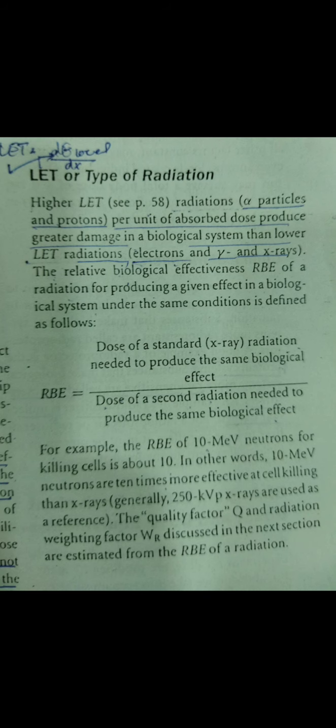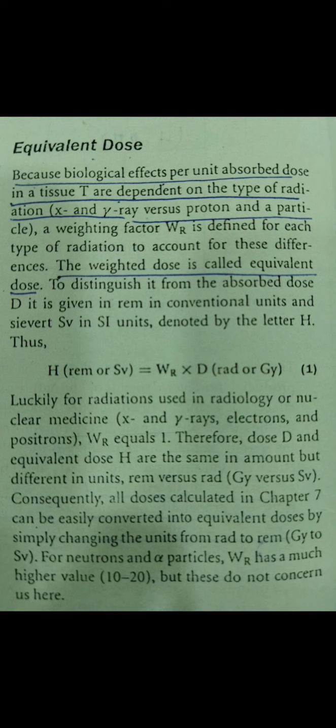Now we will talk about the equivalent dose and the dose equivalent. The equivalent dose is needed because biological effects per unit absorbed dose in a tissue depend on the type of radiation, which can be X and gamma rays versus protons and alpha particles.